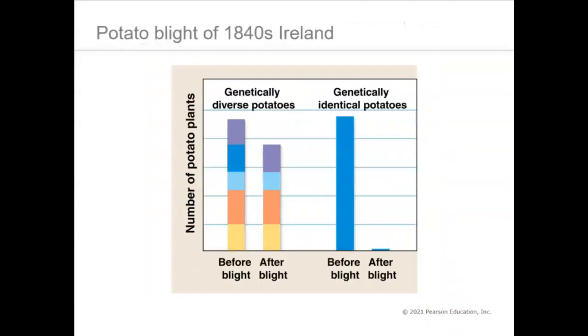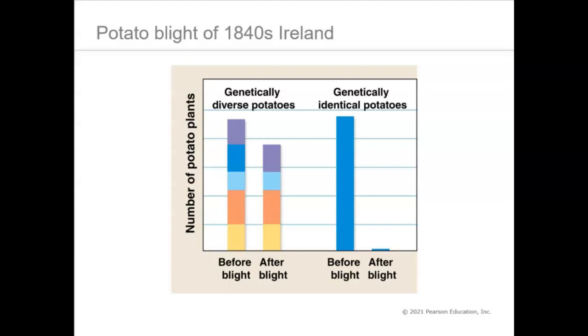This next graph we're going to look at highlights another one of the issues with monoculture farms when you are only growing one thing. The potato blight occurred in Ireland in the 1840s, and it was very tragic. One in eight people living in Ireland at the time died due to starvation because this blight was affecting all the potatoes.